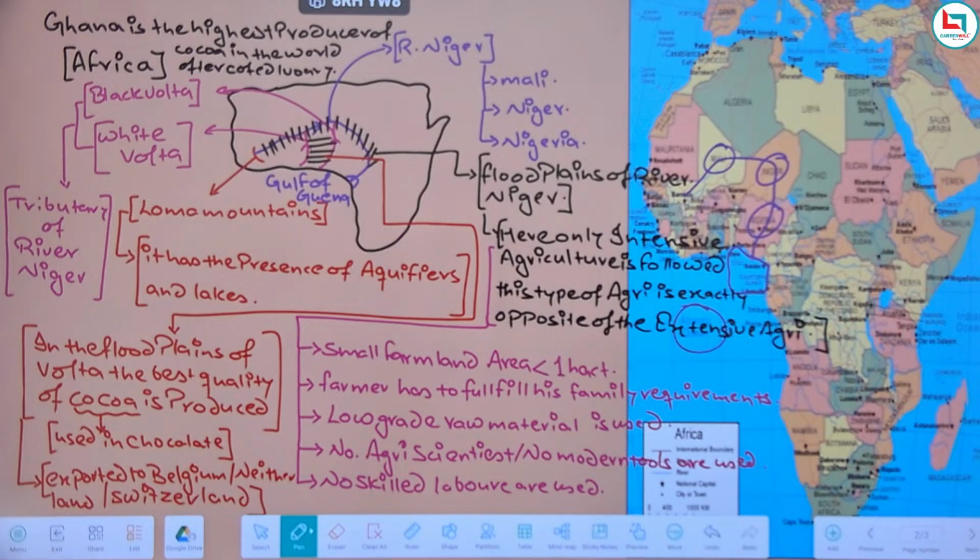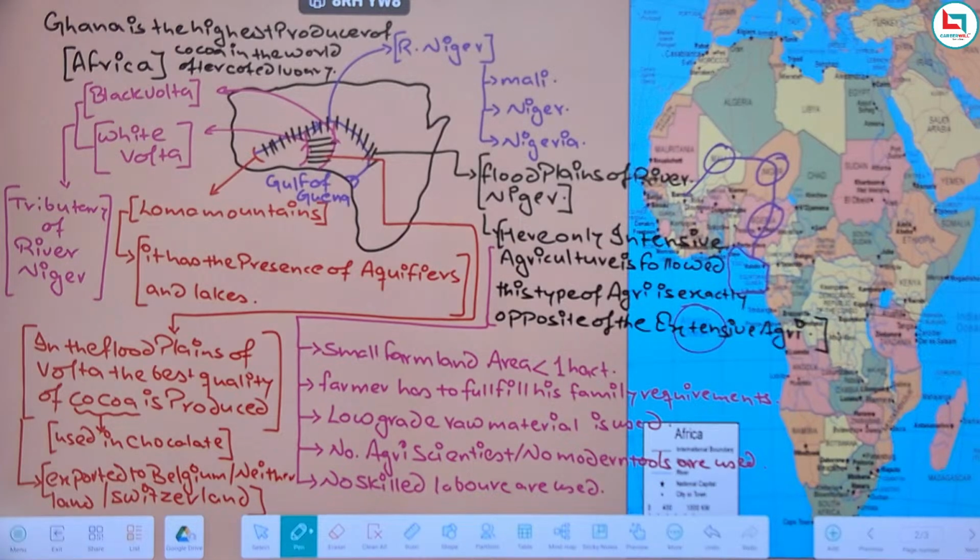We also have the White Volta and Black Volta. They are the tributaries of river Niger. Remember, they also form their floodplains, and in these floodplains cocoa is produced.